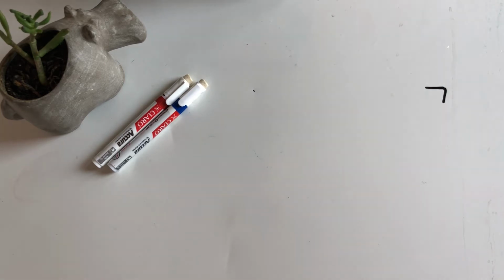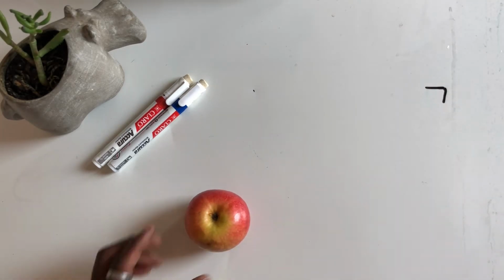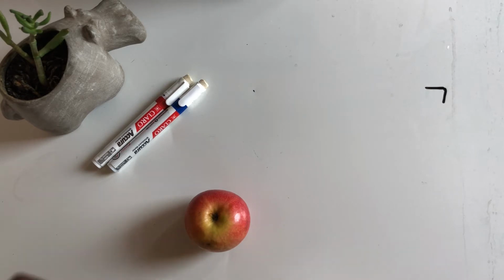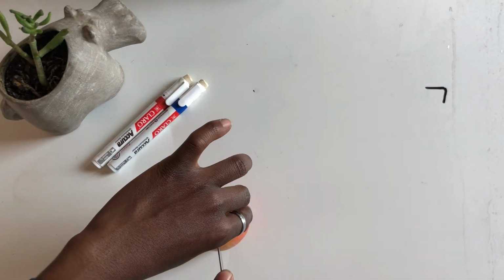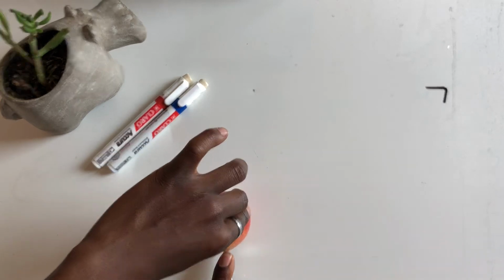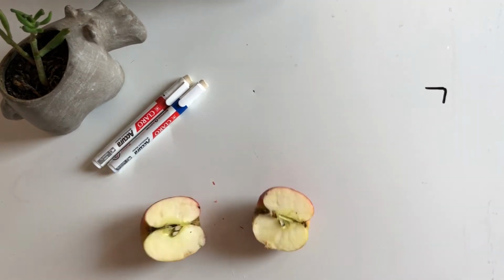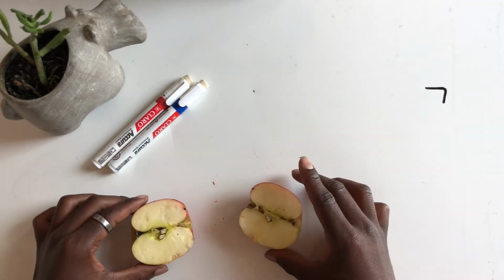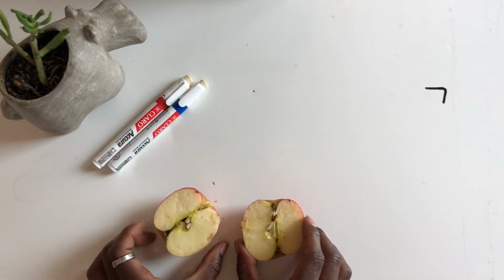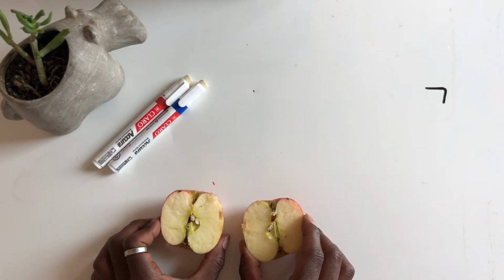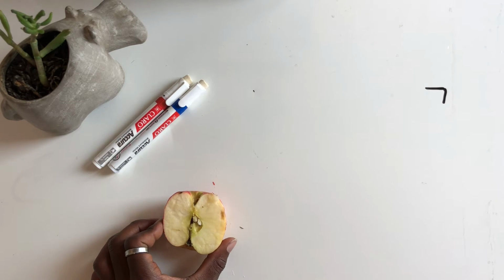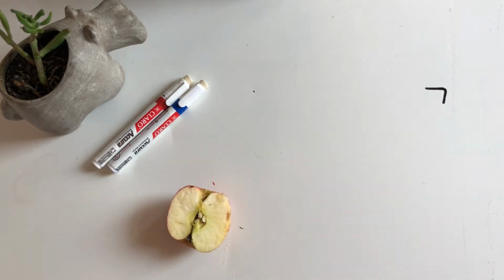So, for example, let's look at this apple here. If I decide to eat half the apple, now I have two halves. If I eat one, I'm left with one half.